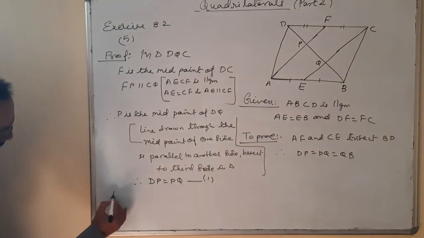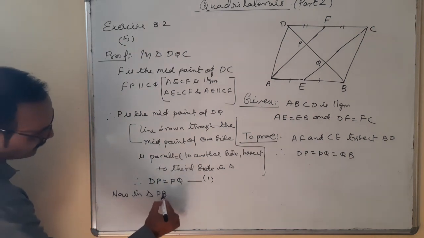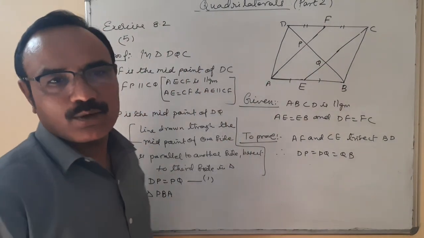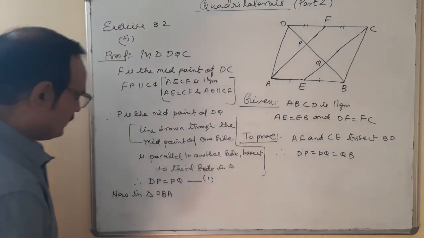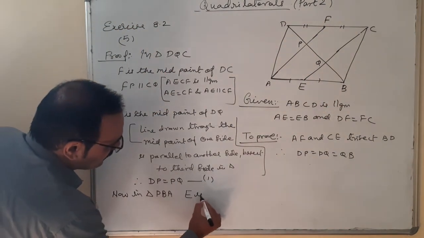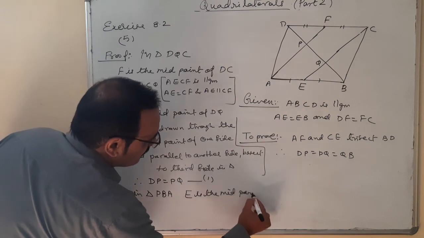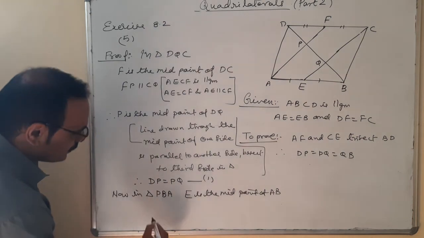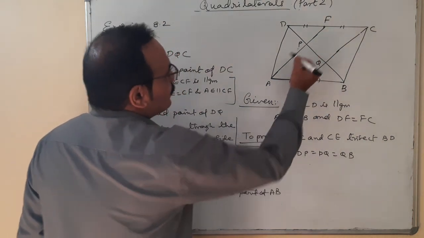Now, in triangle PBA, the same situation here. E is the midpoint of AB, and EQ is parallel to AB.